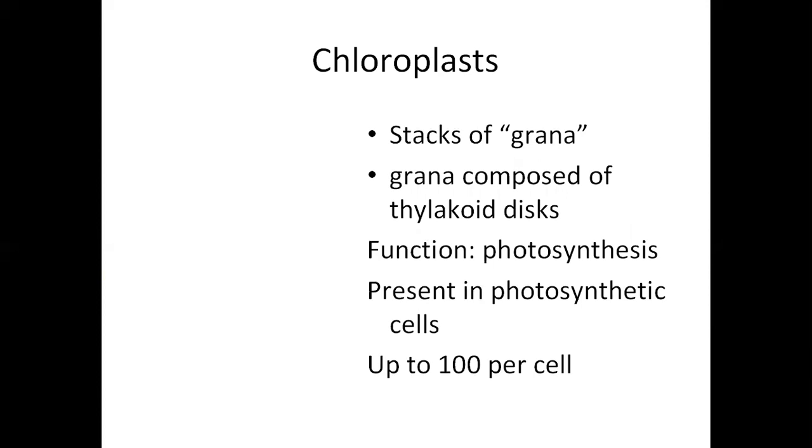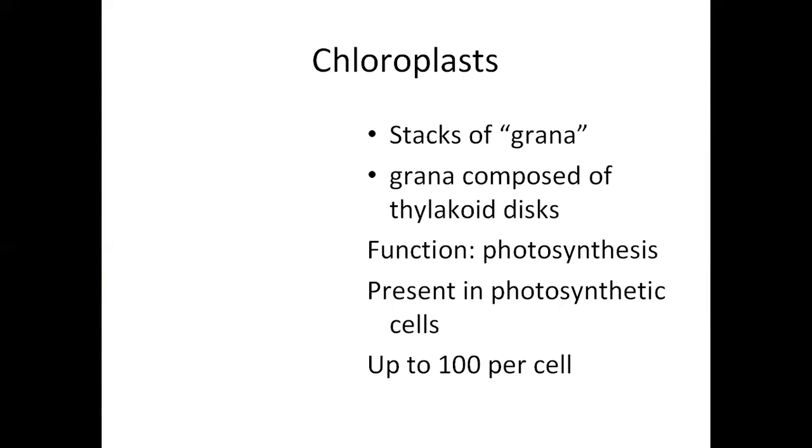Next on my list of organelles is chloroplast, which is an organelle present in plant cells, but not in animal cells. Like mitochondria, this organelle is thought to have arisen by endosymbiosis, and like mitochondria, it contains internal membranes referred to as thylakoid discs, which always occur in stacks called grana.